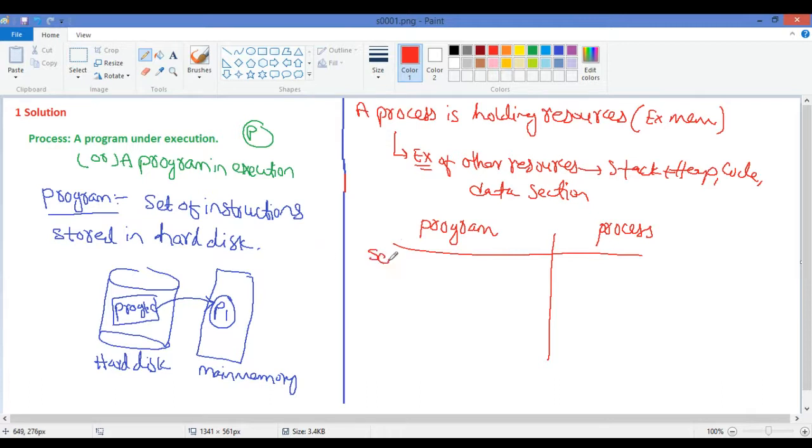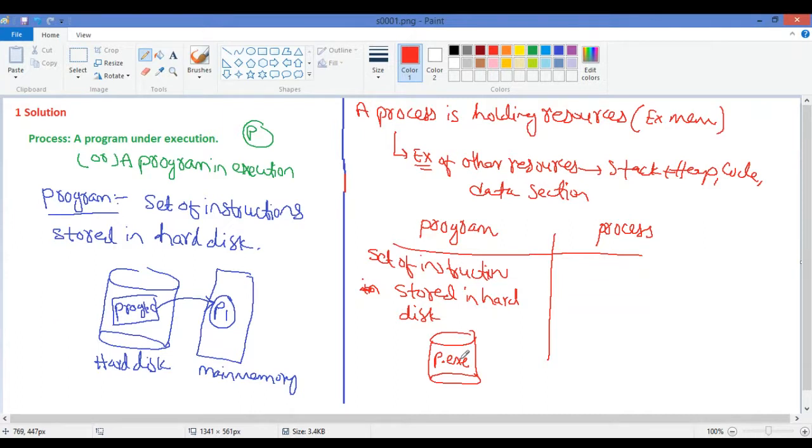A program is a set of instructions stored in the hard disk. You see, this is your hard disk, and you have some program.exe in the hard disk. Understood? A program is a set of instructions which is stored in the hard disk.